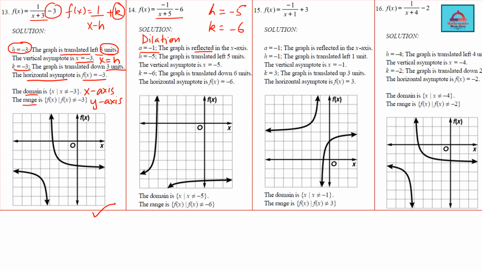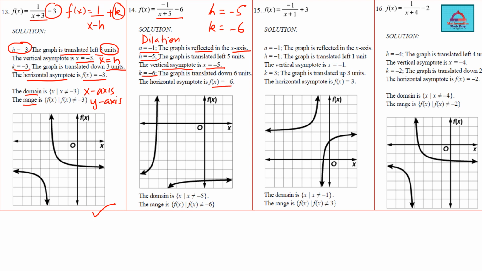That means the graph is going to be reflected in the x-axis. If this is the x-axis, what is up is going to come down, and what is down is going to come up. H and k we have already discussed, so the vertical asymptote is at x = -5 and the horizontal asymptote is at f(x) = -6.